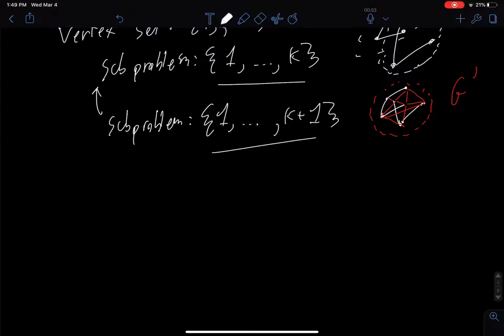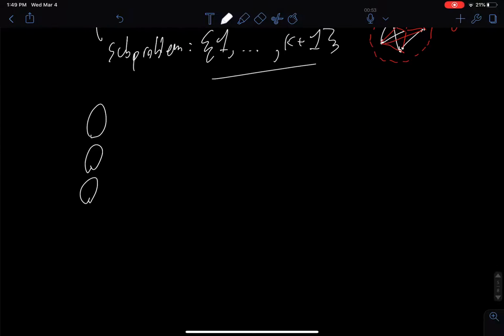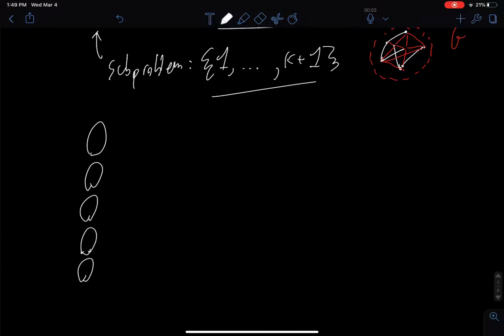So let's say that we've run our 1 through k algorithm. We have that these are the connected components of G prime. Note that this is going to be a partition of 1 through k. Let's even say it's a partition such that we have 5 vertices in the first component, 3 here, 2 here, 2 here, and then maybe only 1 in this last connected component. So here, by addition, k is 13.